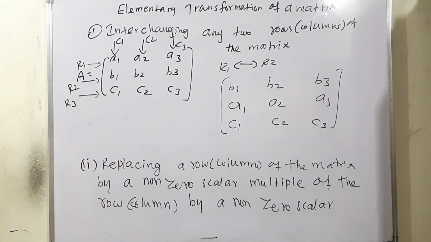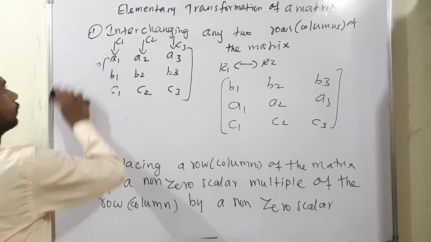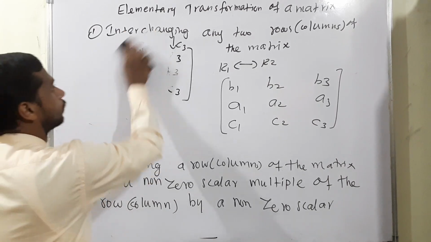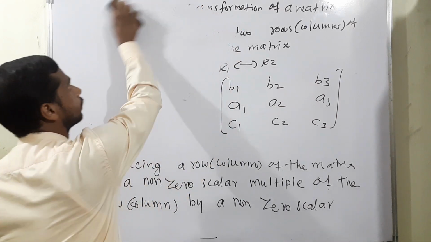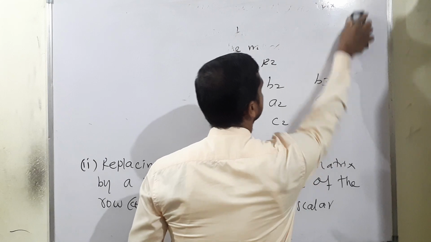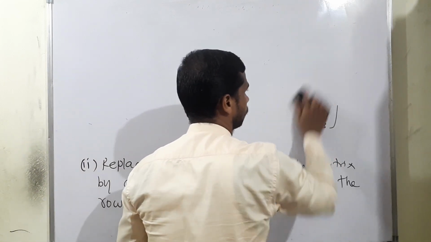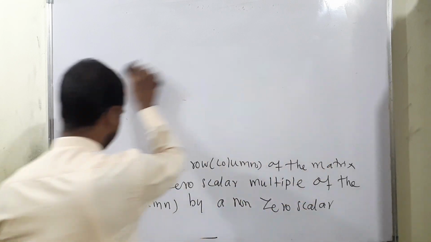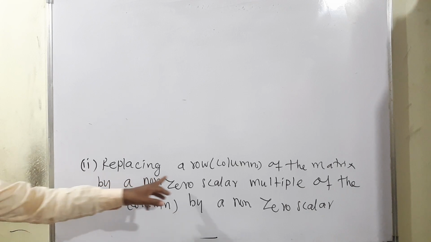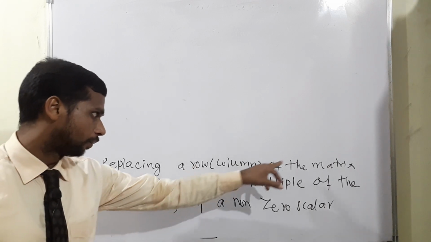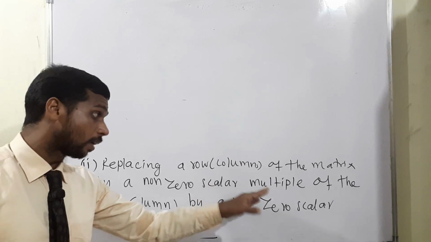I am moving to condition number 2. Condition number 2 says replacing a row or column of the matrix by a non-zero scalar multiple.